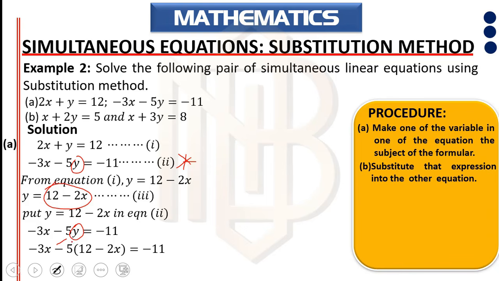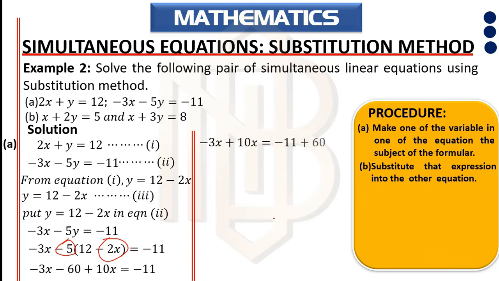We multiply -5 by 12, and also -5 by -2x. That will give us -3x - 60 + 10x = -11, which we can then sort out after we have collected our like terms.